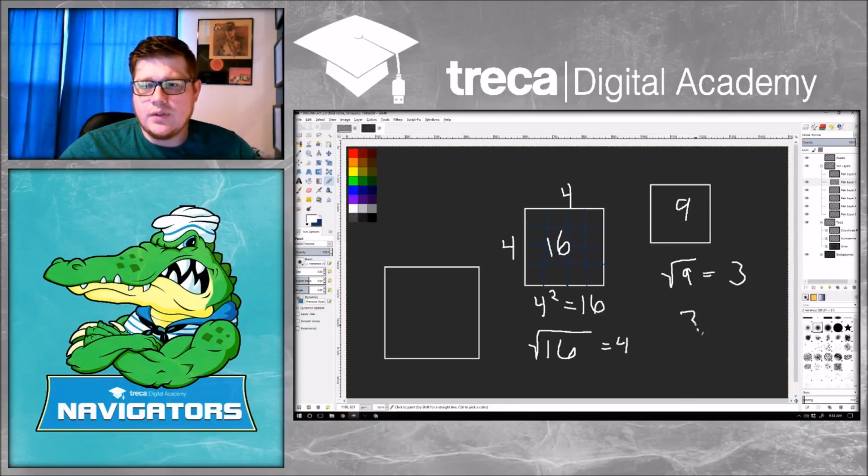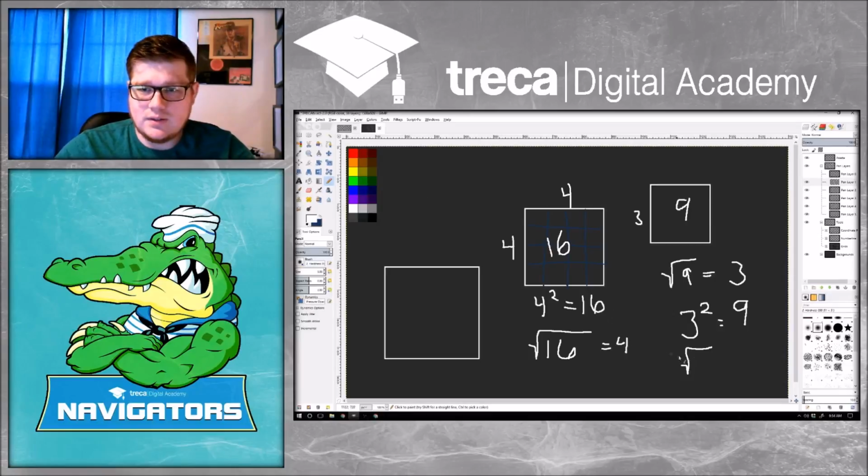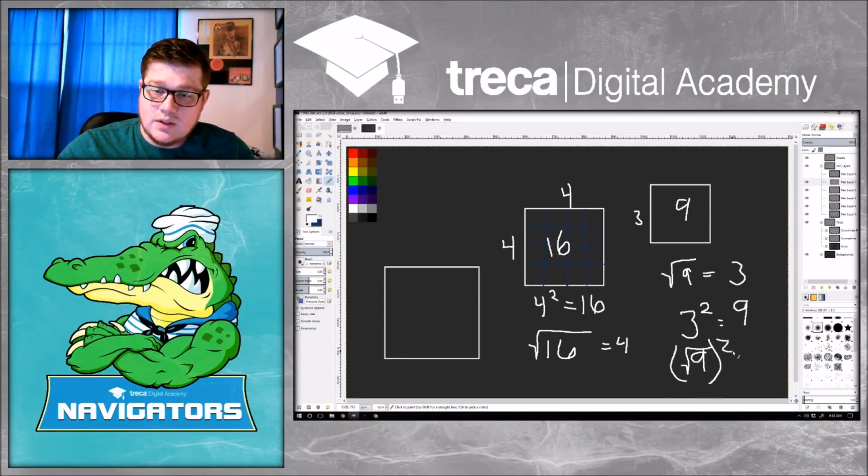So we have 3, and we square it, and we get what? We have a side length of 3, and we square it, we get 9, right? But the other thing to remember is that the square root of 9 is the same thing as 3. So we could say the square root of 9, which is 3, squared equals 9.